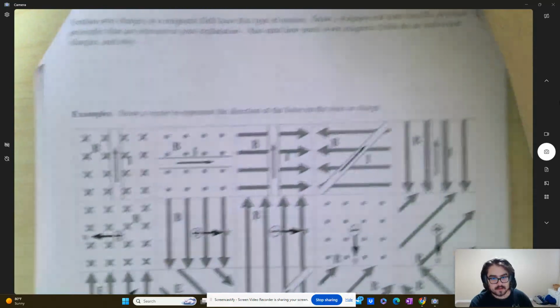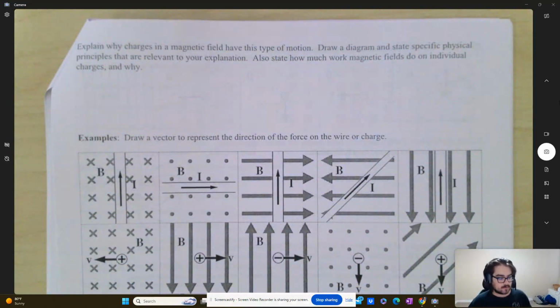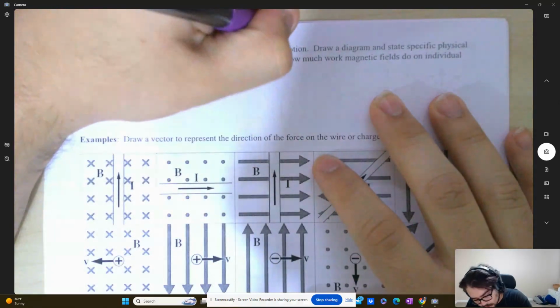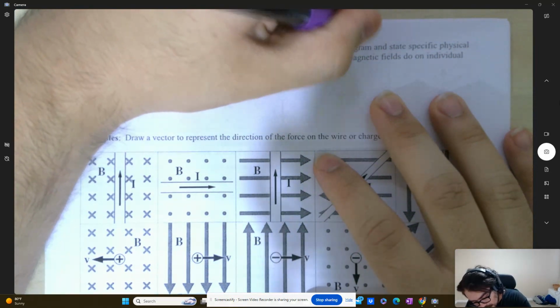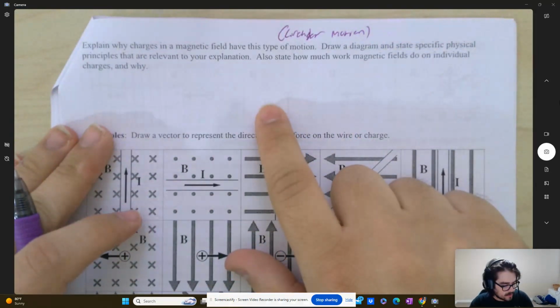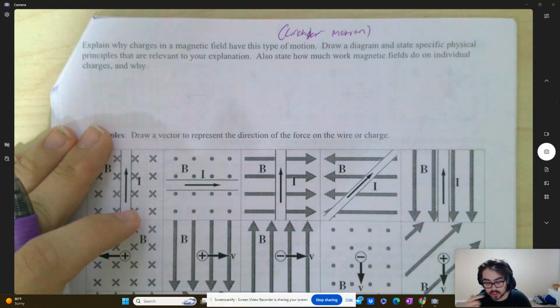Why do charges undergo that type of motion? Well, in physics 1, right, we were talking about circular motion. Well, in physics 1, we talked about how if you have an acceleration, right, that means that either the magnitude or the direction or both are changing in your velocity, right?